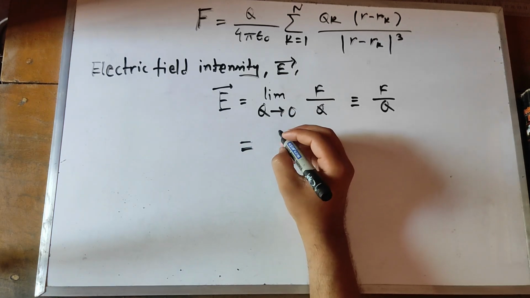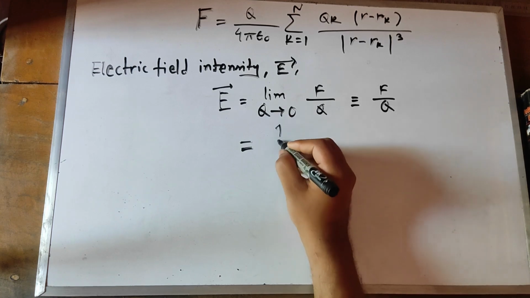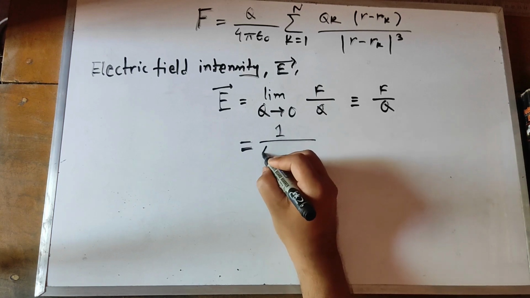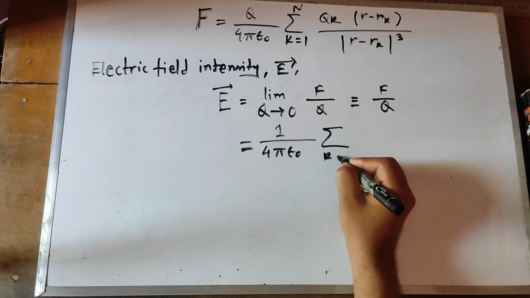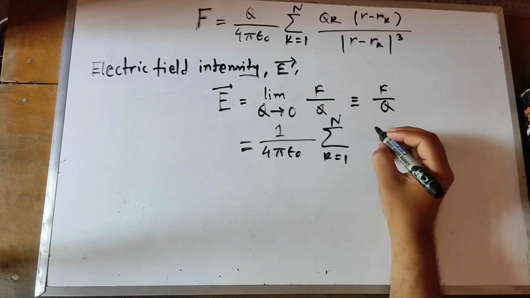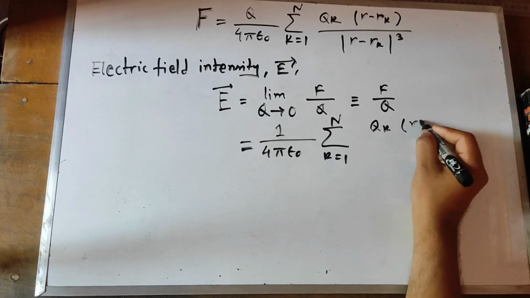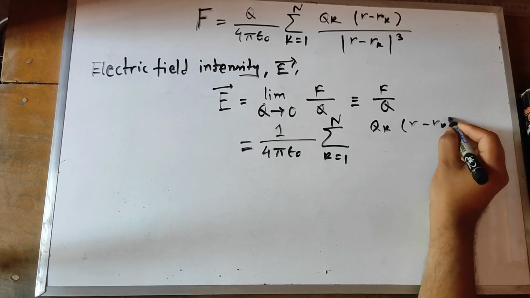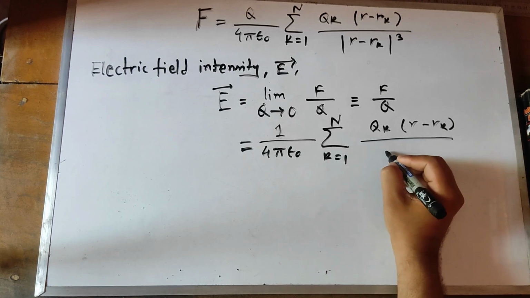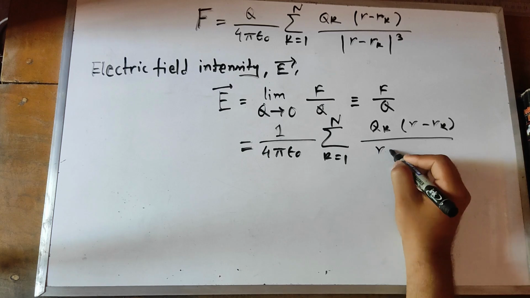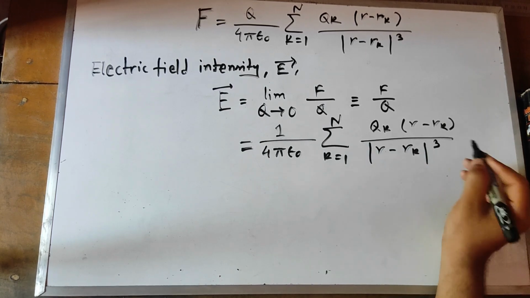So in general, for many charges, the formula for electric field intensity is 1 by 4 pi epsilon o, summation k equals 1 to n, qk, the charges which create the field, by the distance.